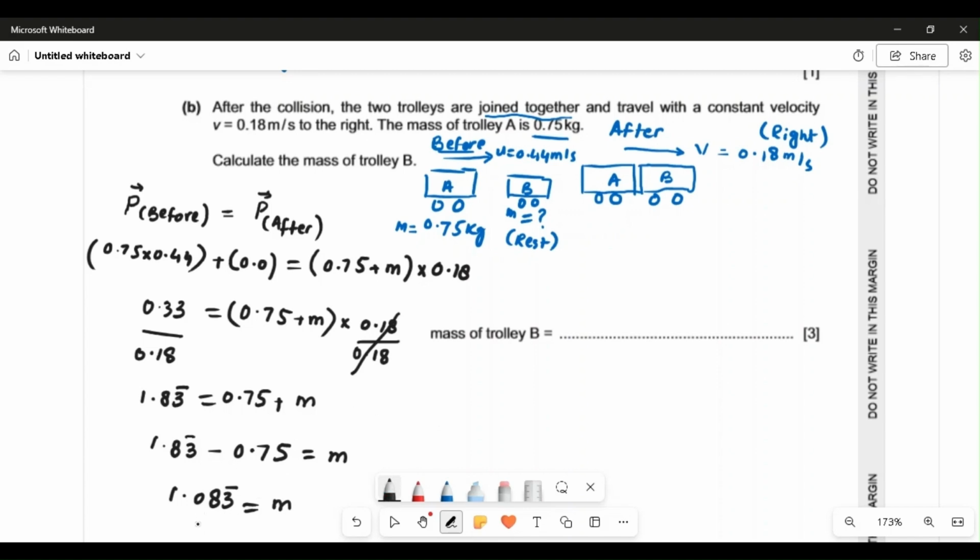Rounding it to two significant figures, 1.08 is rounded to 1.1, because 8 is more than 5, so it adds 1 to the previous number. So this is 1.1 kilogram. This is our required answer.